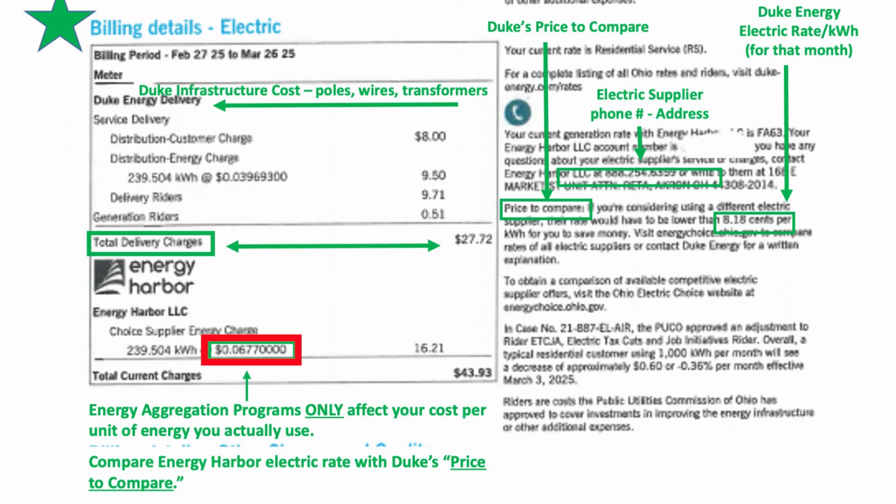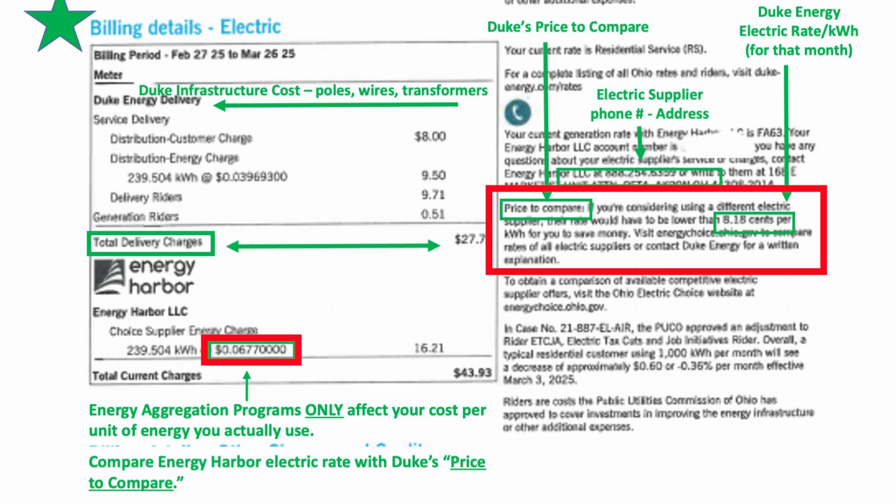If you look over on the narrative side, the right side of that page, again, look for price to compare. Read on, and it says if you can find something lower than 8.18 cents per kilowatt hour, then you're doing good. And you're happy. And so we're about a penny and a half less, at least the aggregation program.